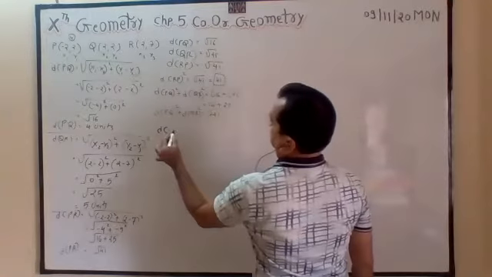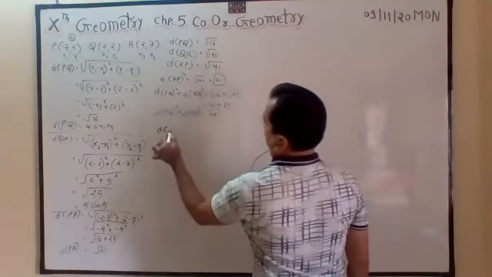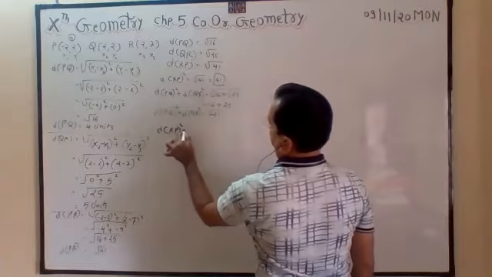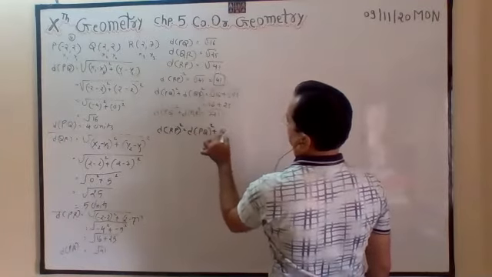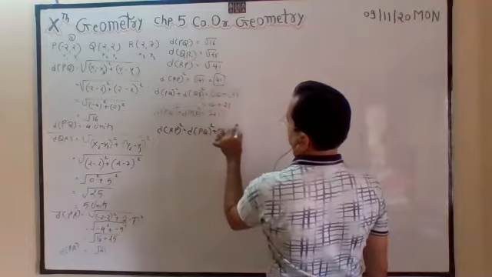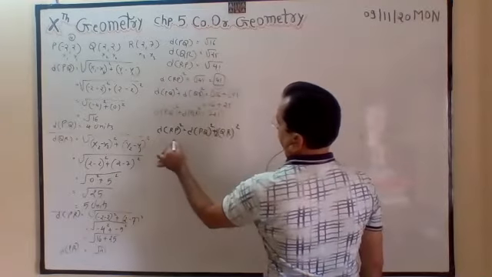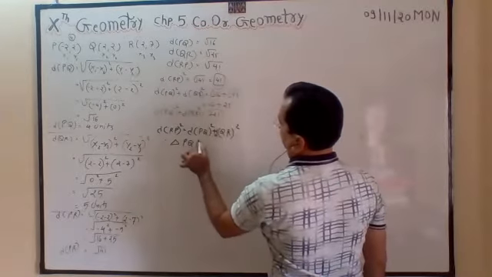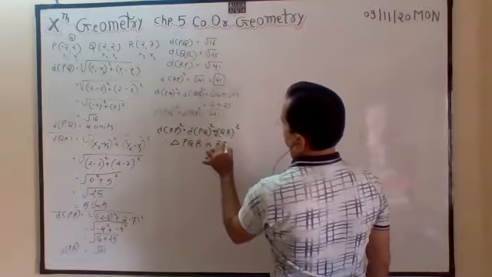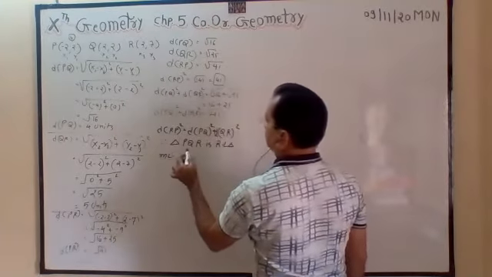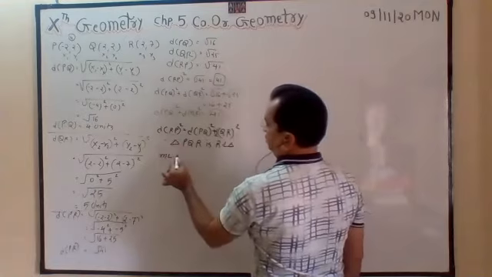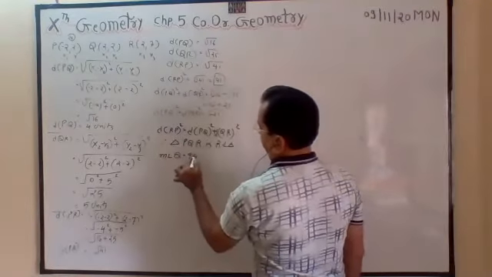So the largest distance is RP, and PQ plus QR. Therefore, triangle PQR is a right angle triangle. Which angle is 90? Here is the largest side, so angle Q is 90 degrees.